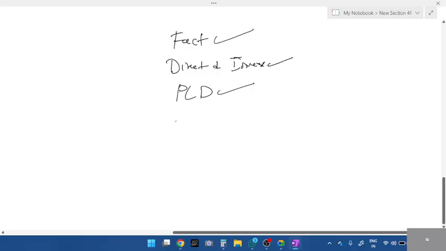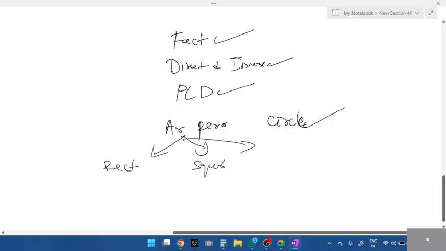Area and perimeter of quadrilaterals and circle. We did circles, semicircle questions. What are the other things left in area and perimeter? Rectangle, square, parallelogram, and rhombus. Do all of you have the notes for this?